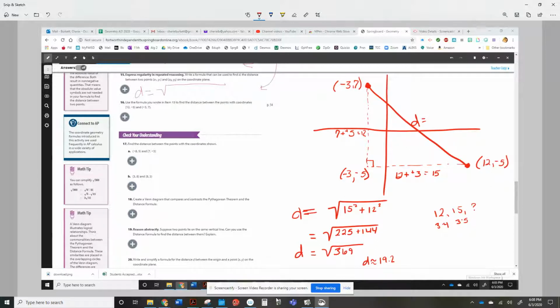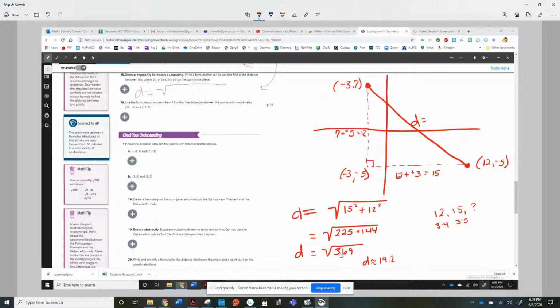All right, so it didn't tell me to round. In the case where it doesn't tell you to round, you have to simplify the radical. If you don't know how to simplify the radical, shoot me an email and I will hook you up with a video that will teach you how to simplify the radical.